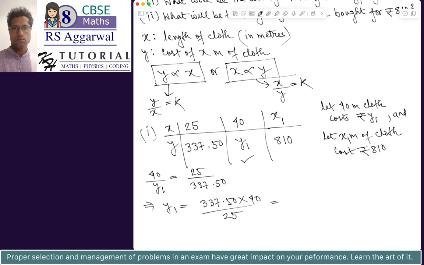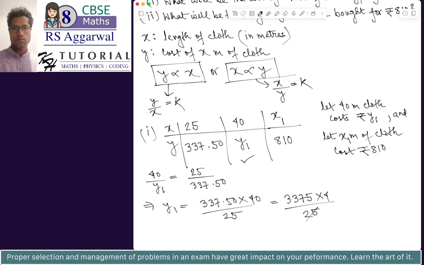This is equal to 3375 multiplied by 4 divided by 25.